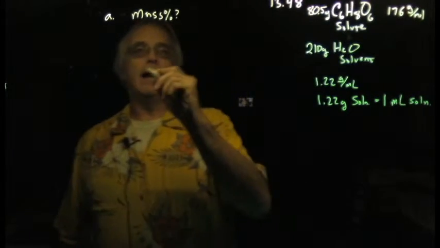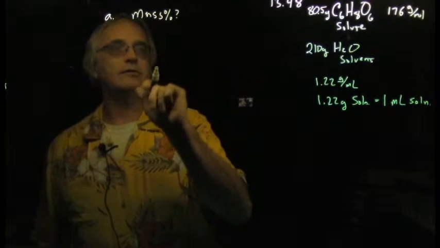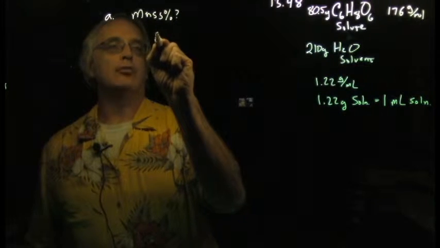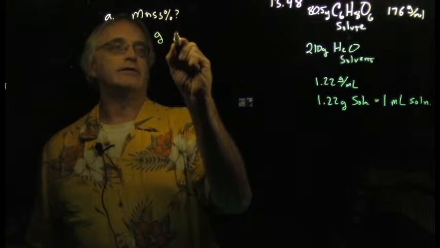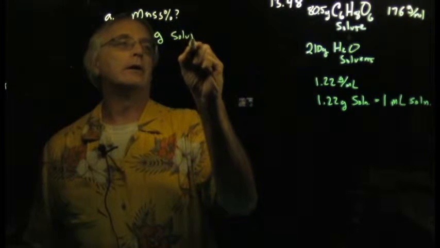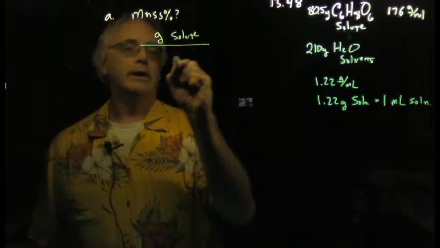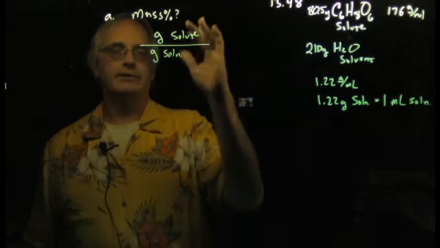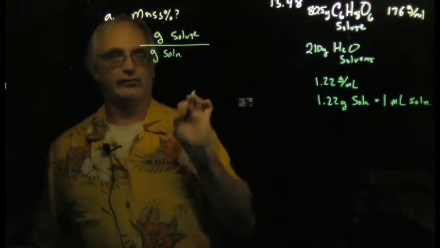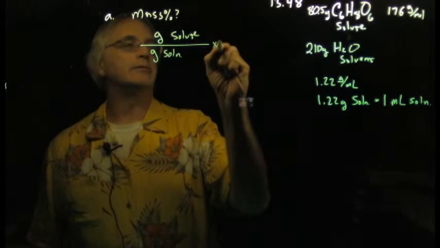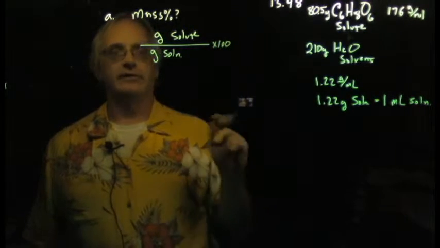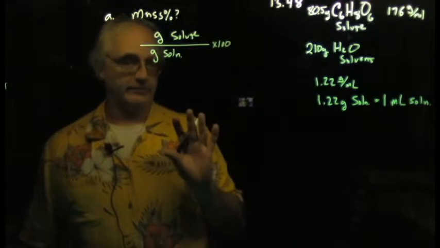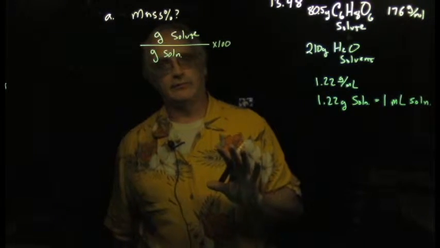And so, in order to make this one work, I'm going to need the number of grams of solute over the grams of the solution, the total number of grams. Remember, that is mass fraction, times 100 makes it mass percentage, which is what this problem is asking for.